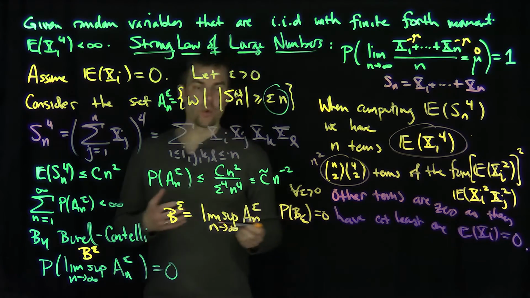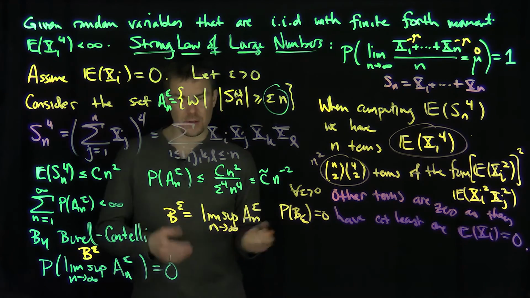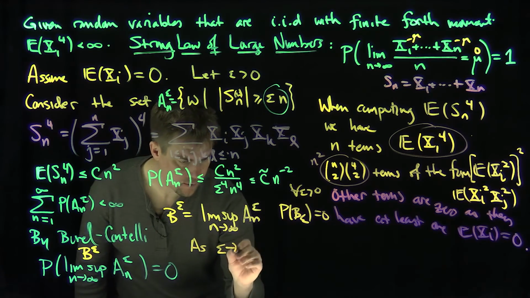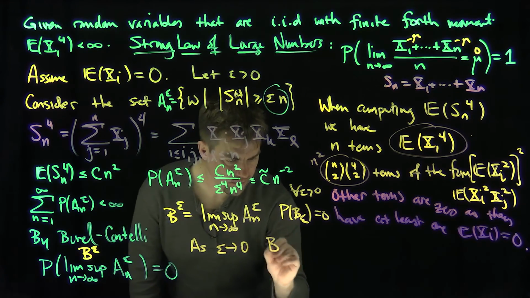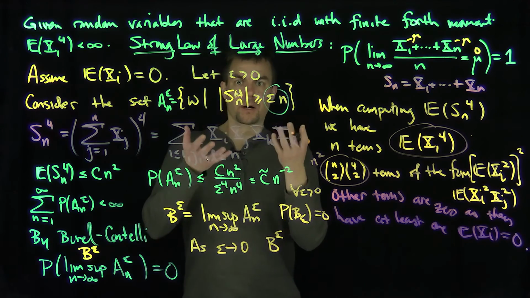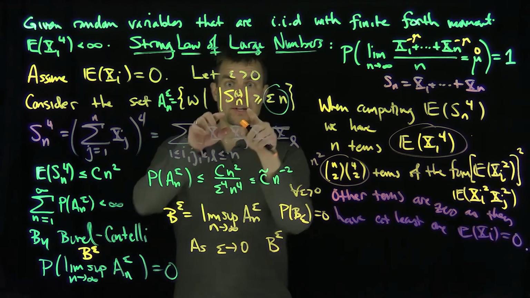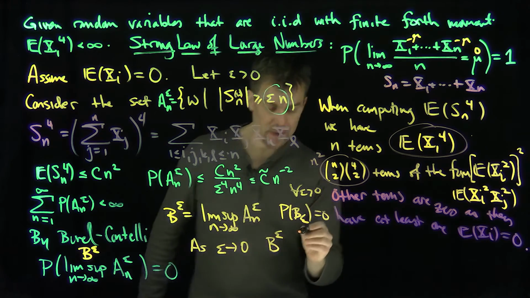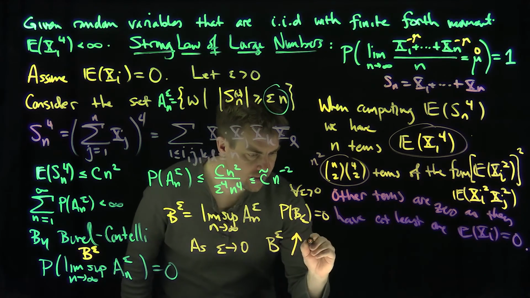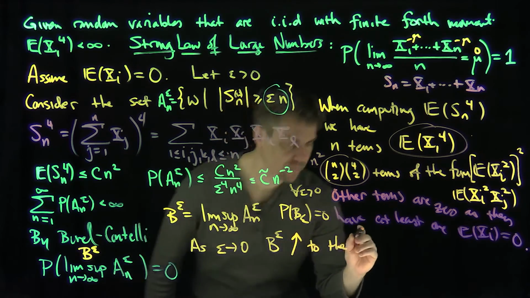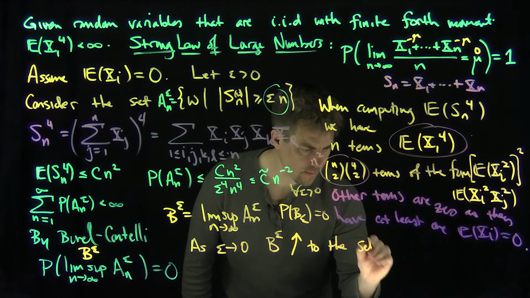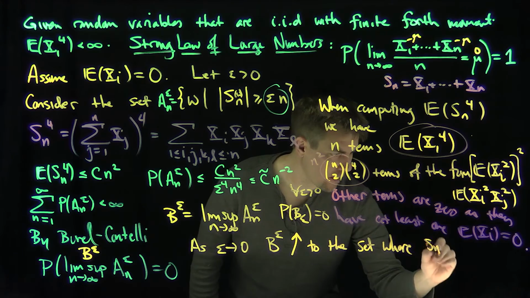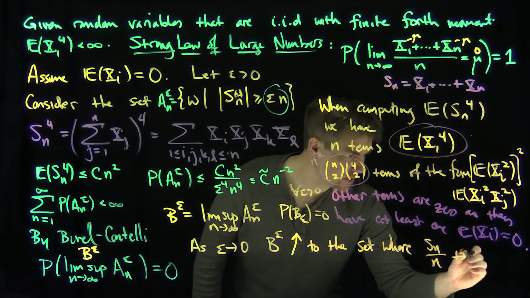Beautiful, okay? And so what's happening? As epsilon tends to 0, the sets B epsilon get bigger and bigger, because they are the set where the lim sup of Sn is bigger than smaller and smaller numbers. B epsilon increases to the set where Sn over n does not converge to 0.